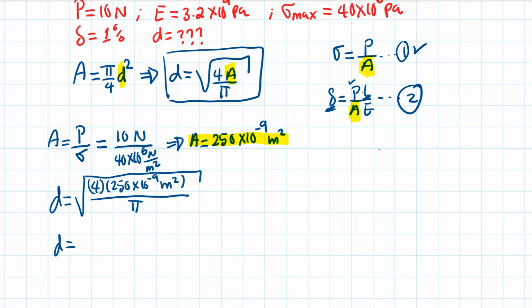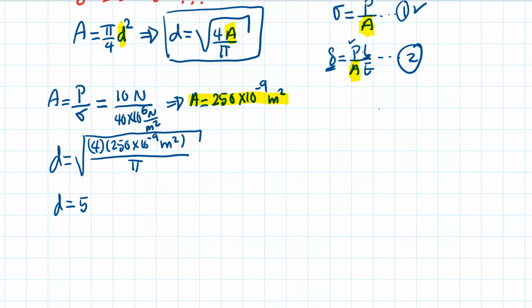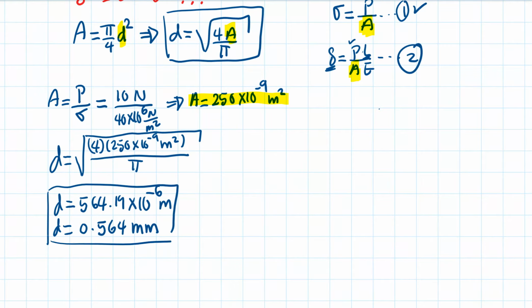So the diameter in here will equal 564.19 times 10 to the power minus 6 meter, or we can say in millimeter, 0.564 millimeter.